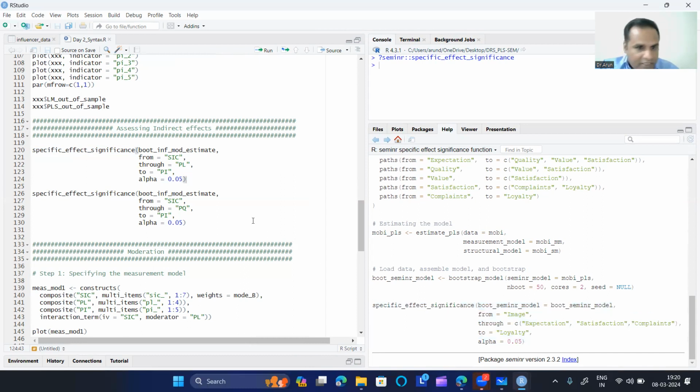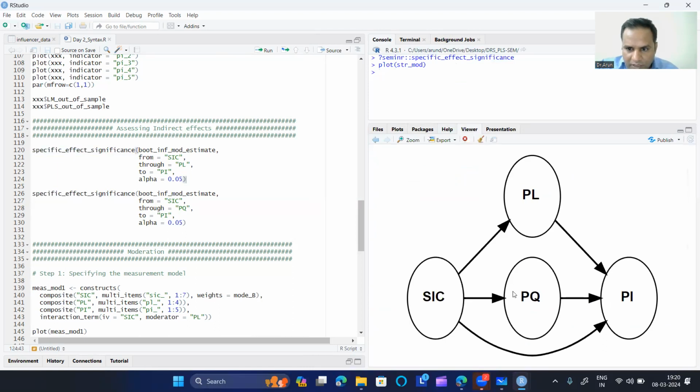Specific effect significance. Now here I want to check. Now, friends, please pay attention. Let me use that plot function. Just a second. Now, friends, I want to check two mediations: whether PL mediates the relationship of SIC and PI, or PQ mediates the relationship of SIC and PI.